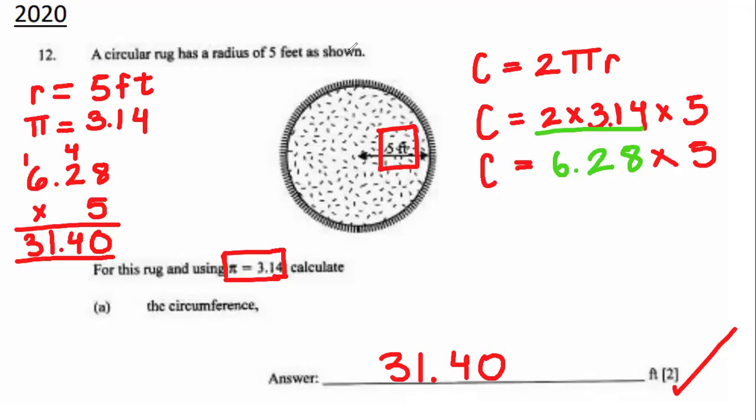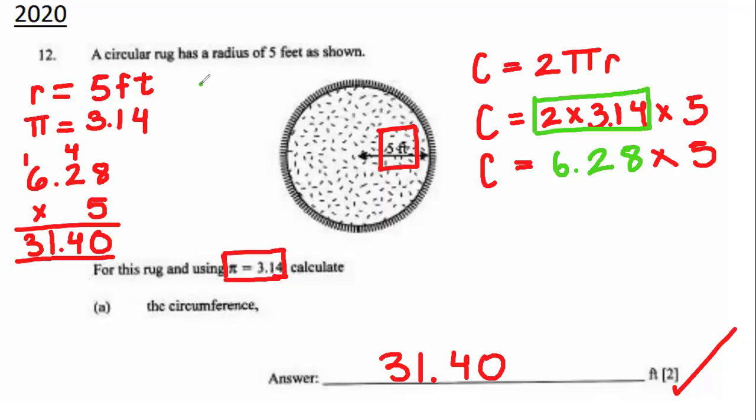Could you explain where you get 6.28 from? Oh, that's a good question. Let me go ahead and explain that. So remember we have 3.14 times 2, right?